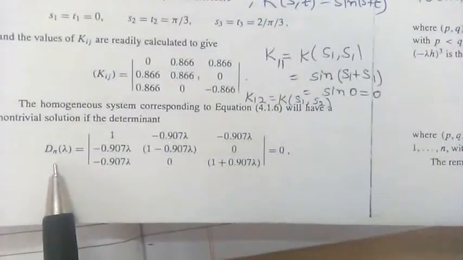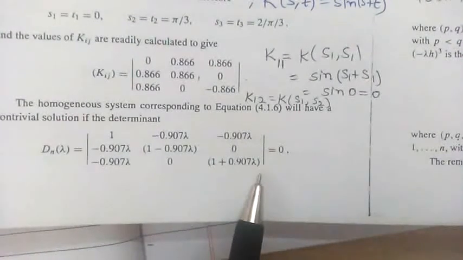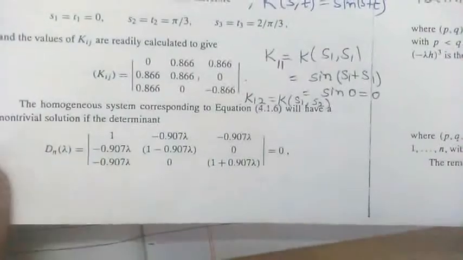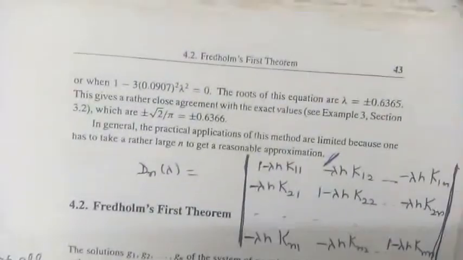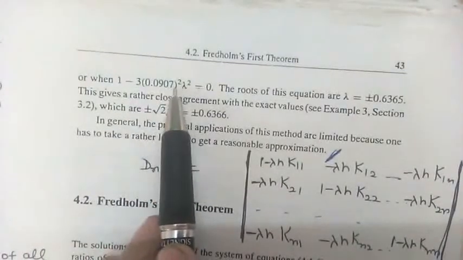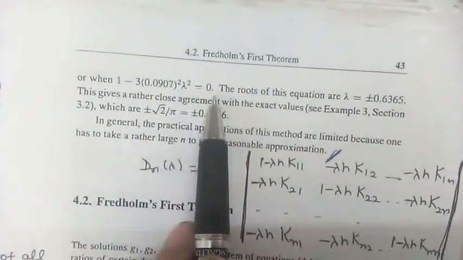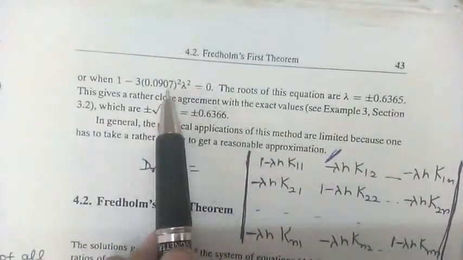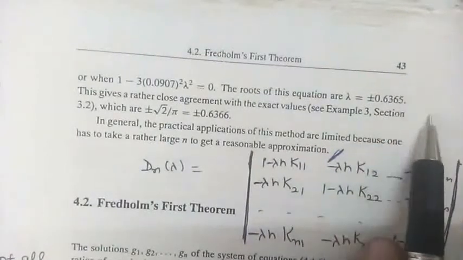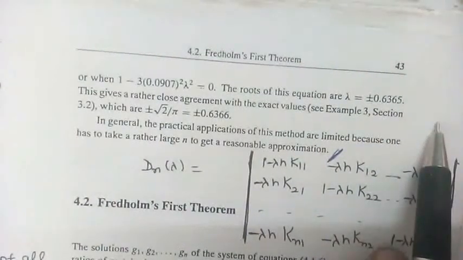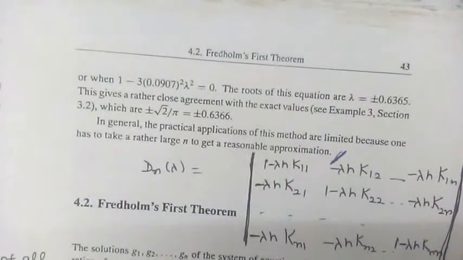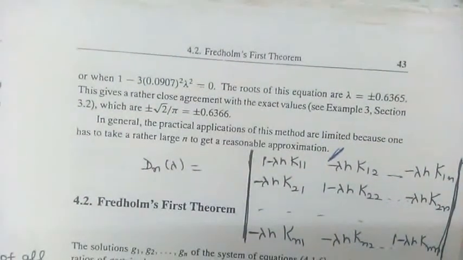Now let us put this equal to 0, because the system will have a non-trivial solution if this determinant is 0. So we get 1 minus 3 into 0.0907 whole square into lambda square is equal to 0. Solving this equation, we get the value of lambda, which is plus minus 0.6365. So these are the approximate values obtained. So this was the first topic of this chapter, which is Fredholm method of solution.